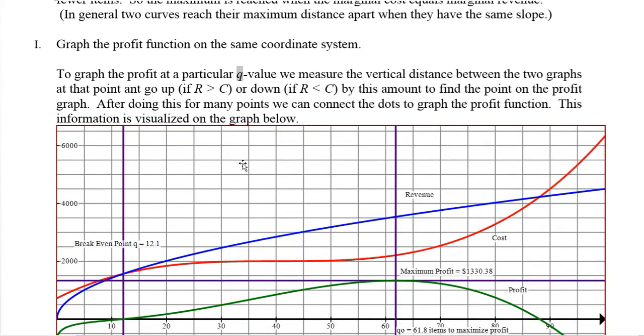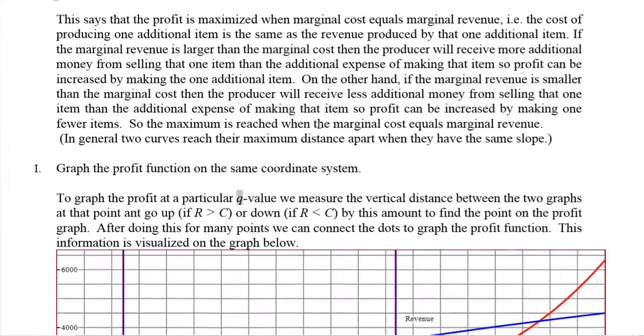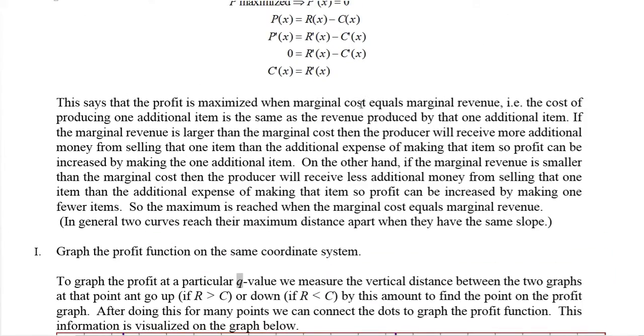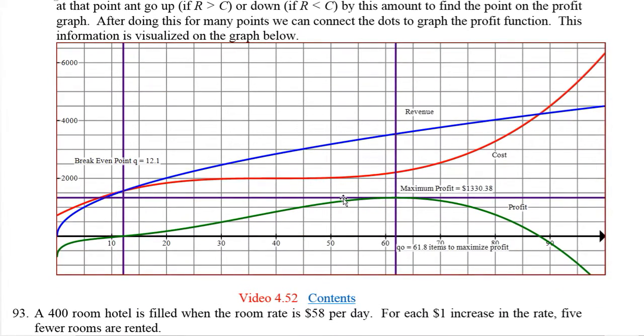And again, when does that happen? When making one more item costs the same as you would get for selling that one more item. If making one more item costs more than you would get by selling that item, you should be able to increase profit by making one fewer item.